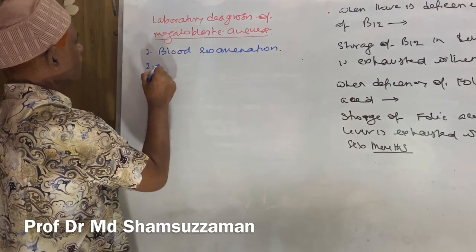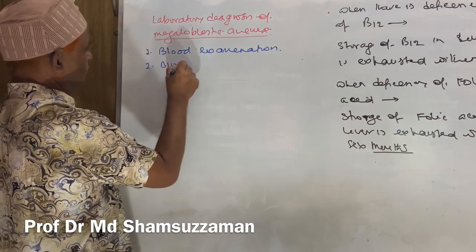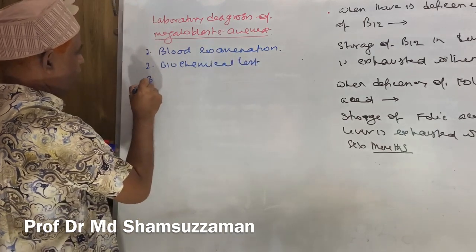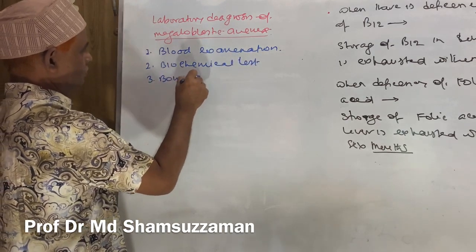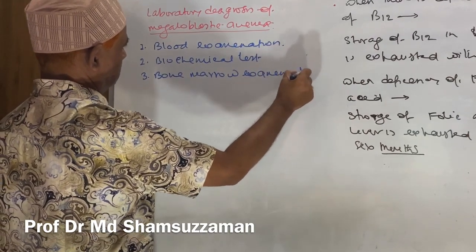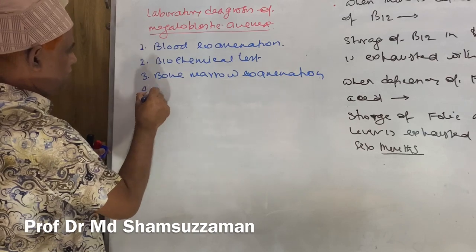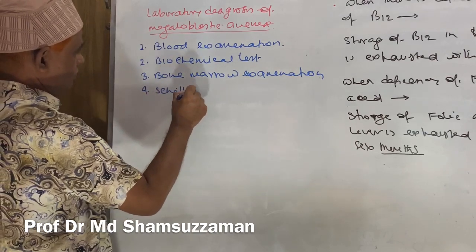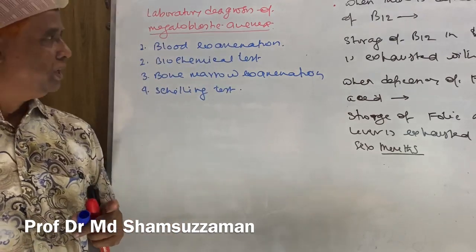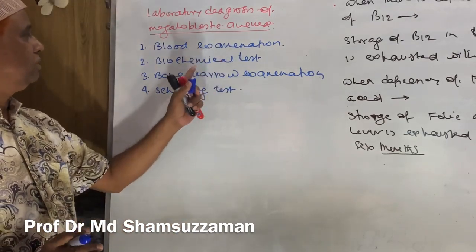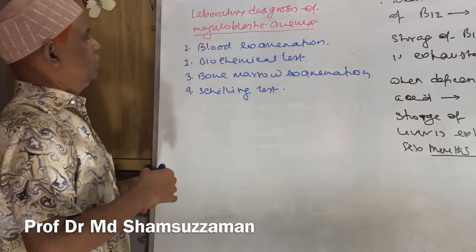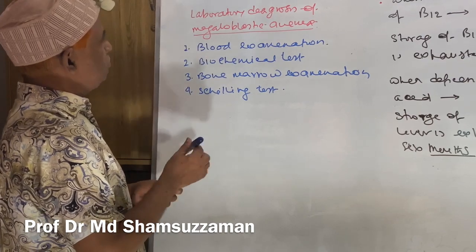Then biochemical test, then bone marrow examination, and then Schilling test. So, how to diagnose megaloblastic anemia in laboratory? Blood examination first.